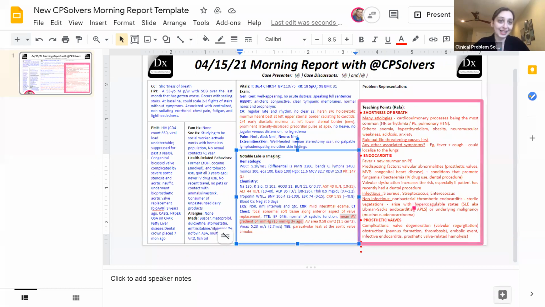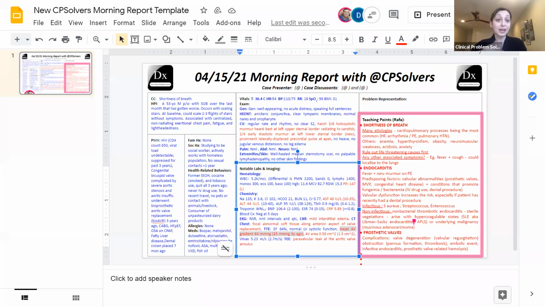One thing about the TTE and TEE: unfortunately, they notoriously have bad sensitivity and specificity for a prosthetic valve compared to a native valve endocarditis. At times I've seen a PET CT be used to look at the heart and at that aortic valve bed to characterize prosthetic valve endocarditis.